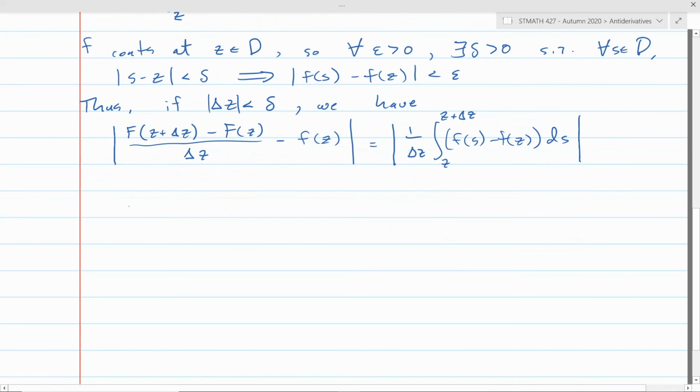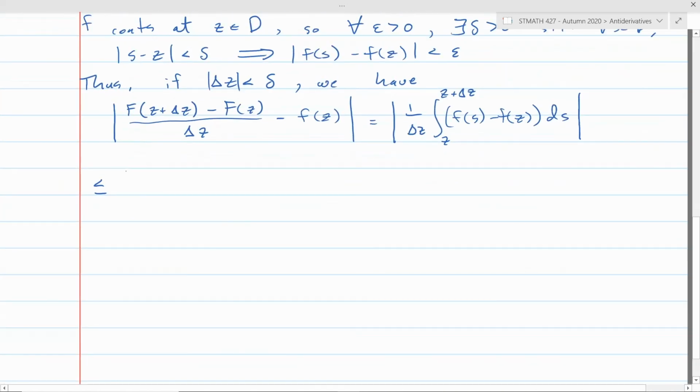We had a lemma that we proved recently. It says you can pull the modulus inside there, and it'll be less than or equal to. So you'd get 1 over delta z in modulus, integral z to z plus delta z, modulus of f of s minus f of z ds. So remember, the modulus of delta z is just how close these points are to one another.